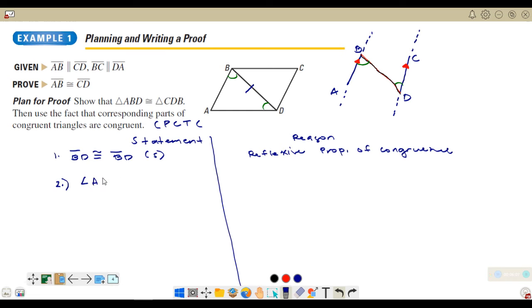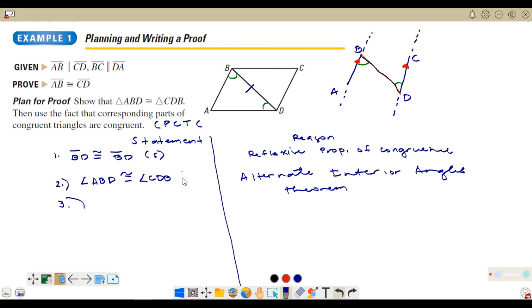The reason is because of the alternate interior angles theorem.